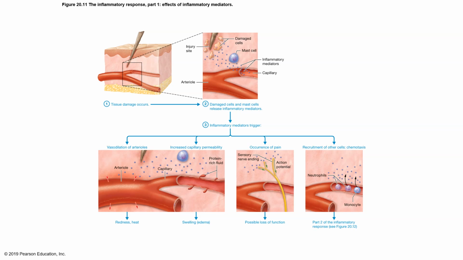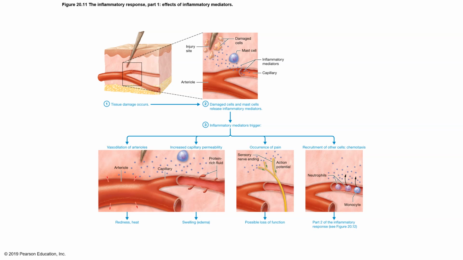And once the inflammatory mediators have been released, they trigger vasodilation of the arterioles so that the capillaries will basically dilate and become more permeable to the white blood cells. And this is what results in the swelling and edema that occurs.